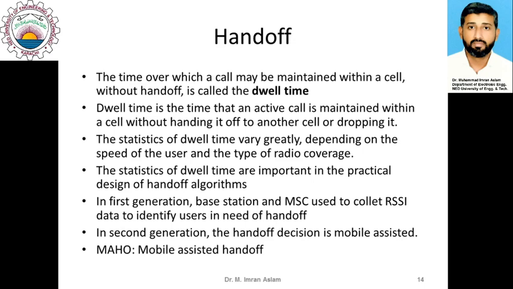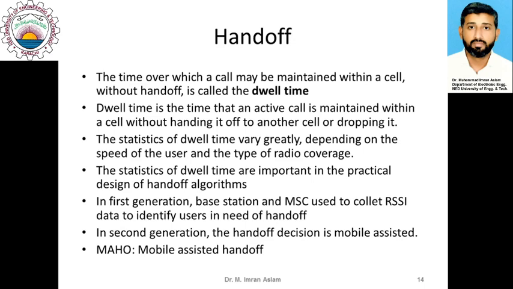The second important thing regarding handoff is that planning needs to be done at the back end in order to successfully complete the handoff. In first generation phones, the base station and MSC used to collect the received signal strength indicator data, RSSI data, so that they can plan and identify the users who are in need of handoff.